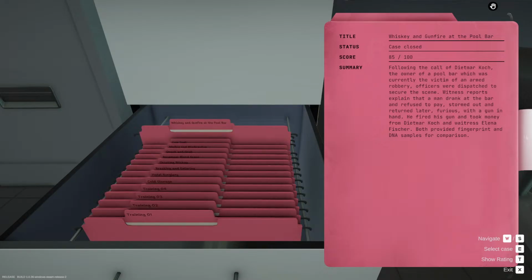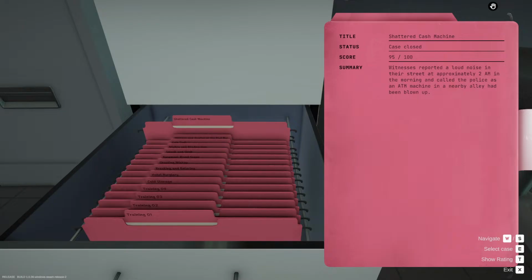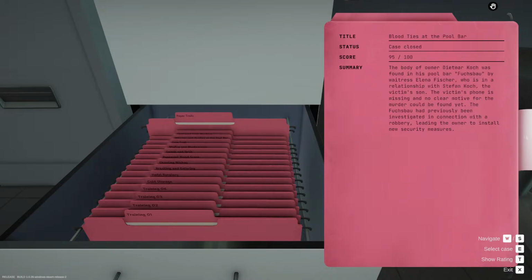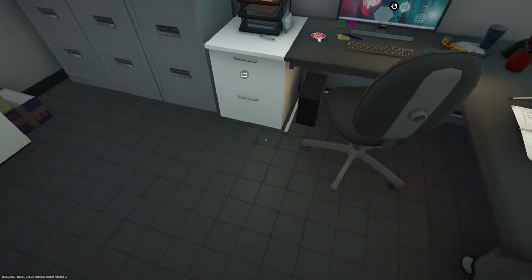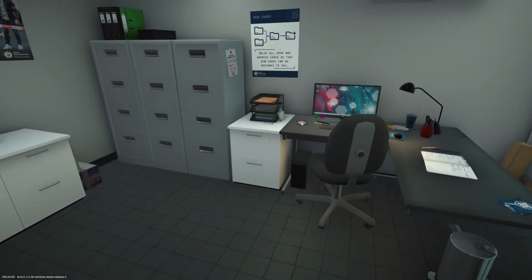He got robbed in this case, and then he got killed in the next one. Then we got a 95 out of 100 for the Shattered Cash Machine. And then 95 out of 100 for Blood Ties at the pool bar. Okay, pretty cool. I think that's going to be it for our first stream here today.